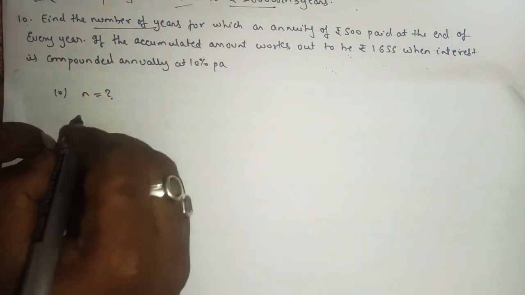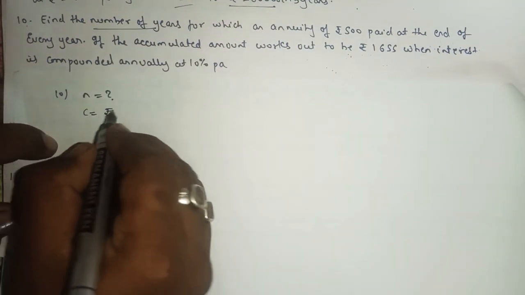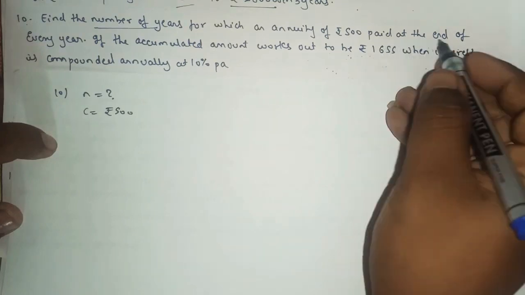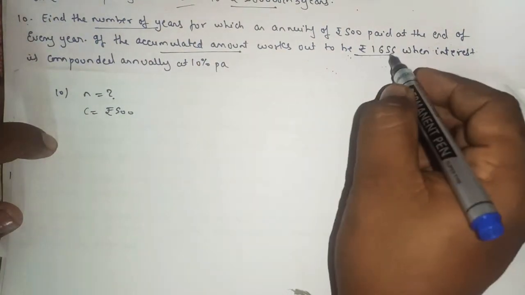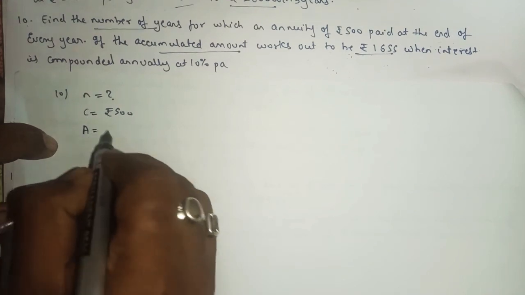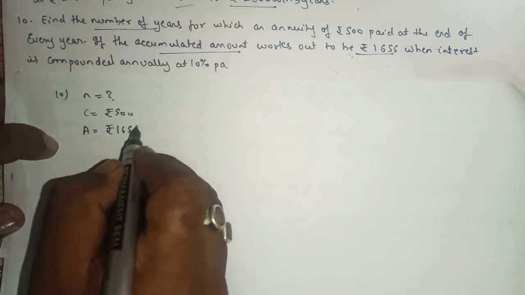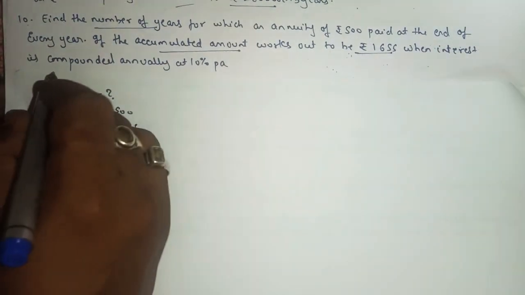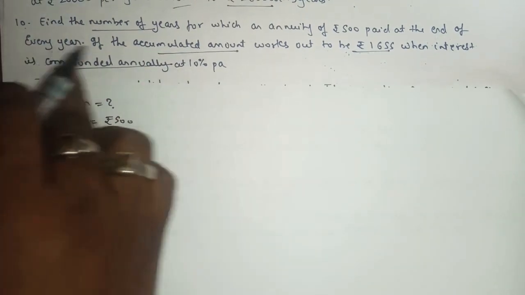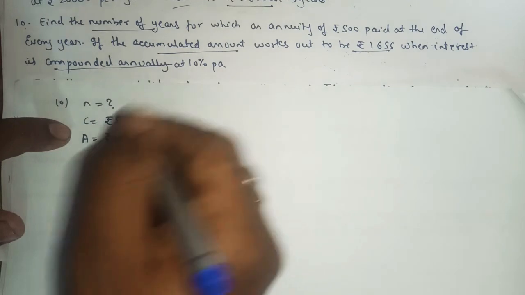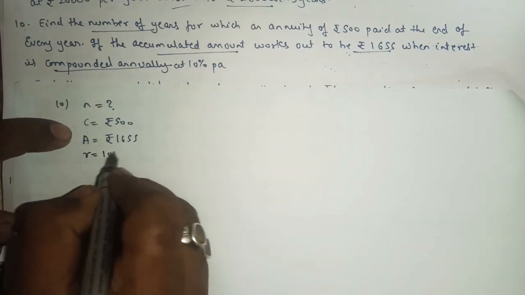So for this sum the C is what? Rupees 500 paid at the end of every year, if the accumulated amount is to be, that means A, rupees 1655, when interest is compounded annually, as it is mentioned compounded annually. It is not mentioned half-yearly or quarterly. Yes or no? So R is 10%.